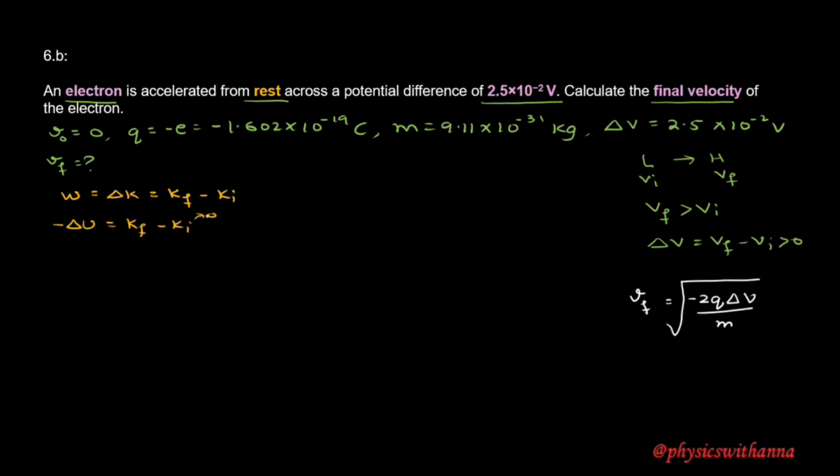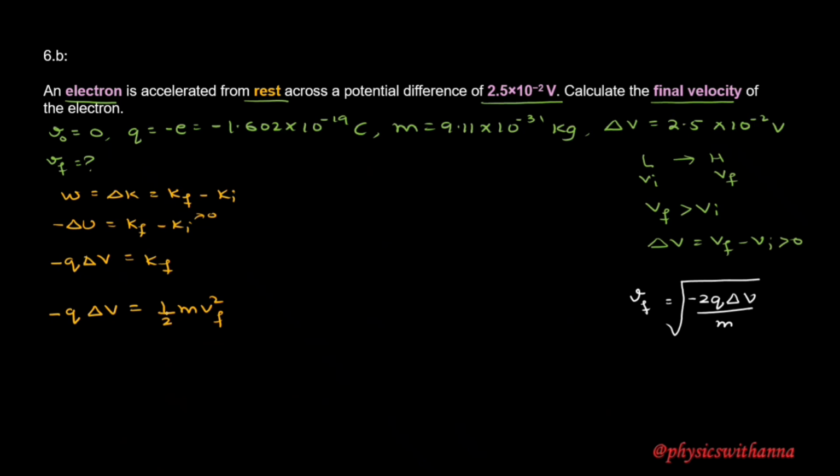K initial here is 0 because initial speed is 0. And delta U you can write as negative Q delta V equals K final. Since we want to find the final velocity, we will use the relationship between kinetic energy and velocity. So we get negative Q delta V equals half m v final squared.